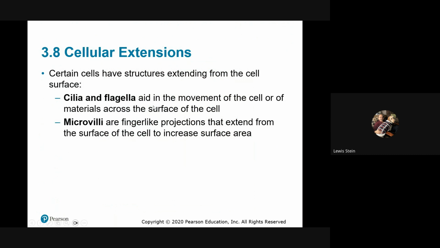The cilia and flagella help things move. Microvilli are a little bit different. When they say they're cellular extensions, it means that the proteins are on the inside and they're pushing out and they're encased in membrane.